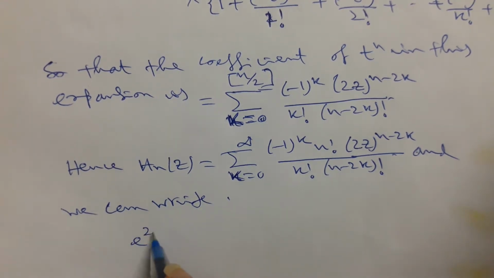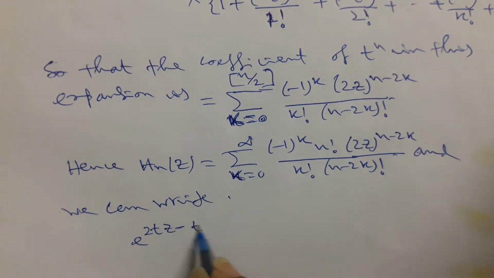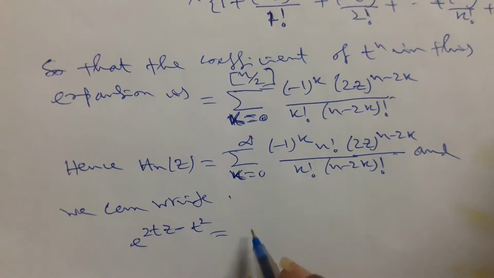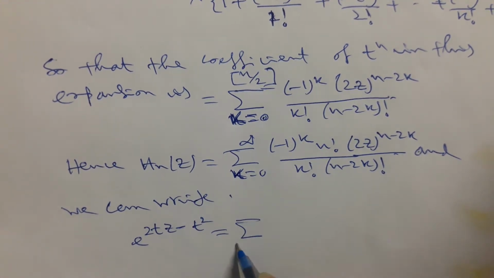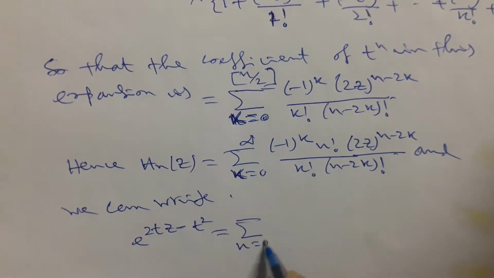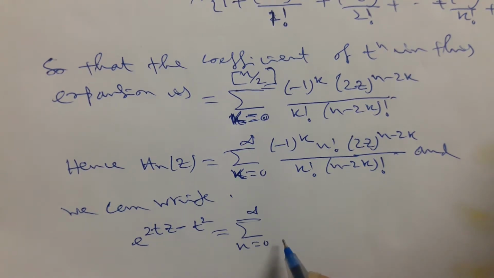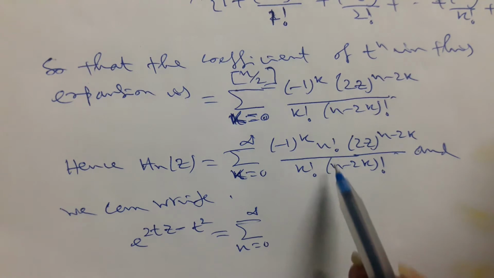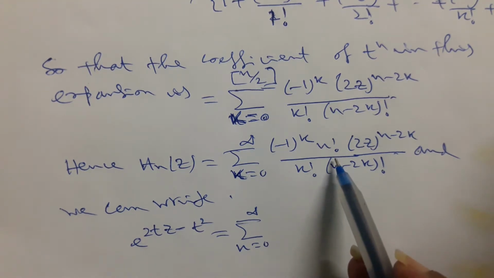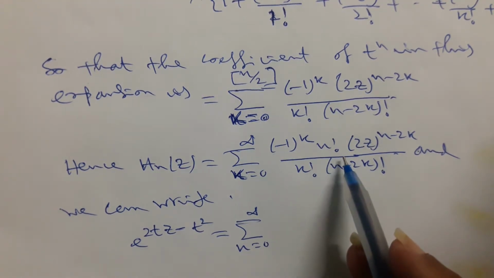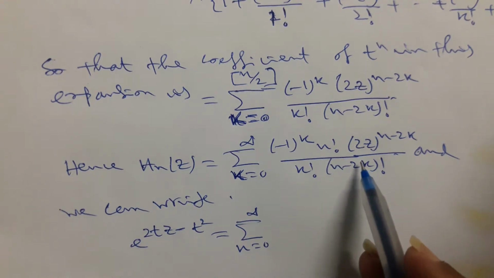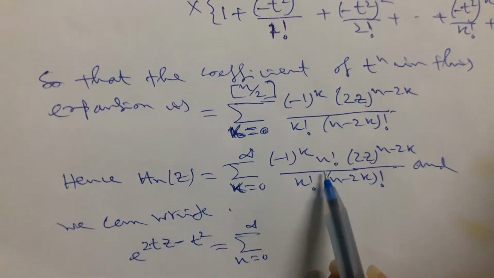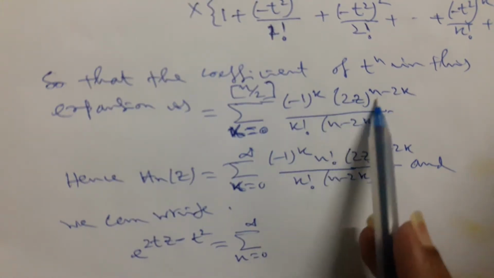And we can write e to the power 2tz minus t square as the sum of n equals 0 to infinity, k going to n, and it is the coefficient of t to the power n. We are taking an adjustment here for n factorial, because we are taking the shortage of n factorial in the expansion.